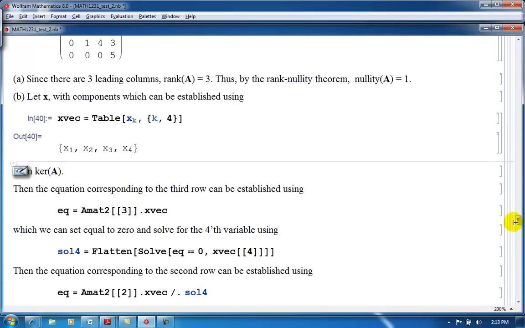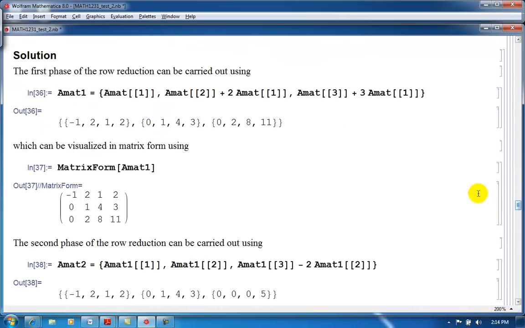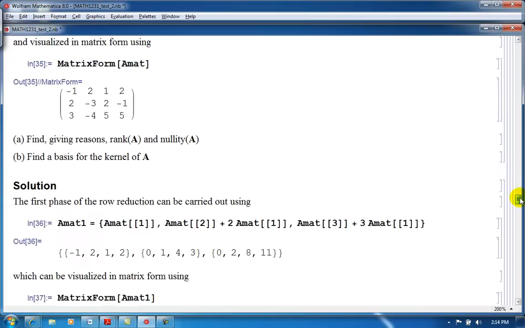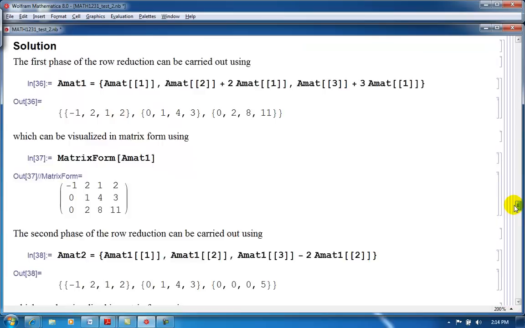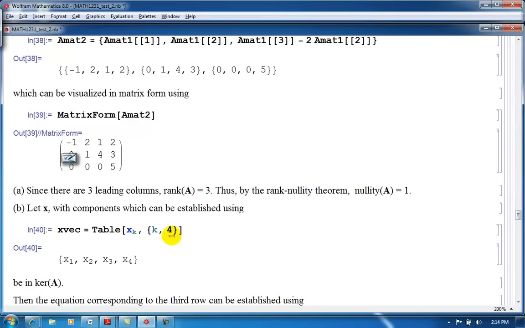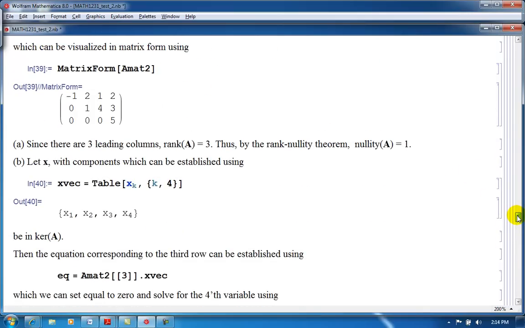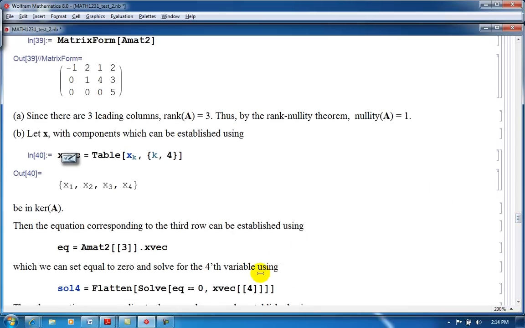Well, it means that it has to be a solution of AX equals 0. Well, we've now done row reduction, so the equation corresponding to the third row, we just have to extract that.